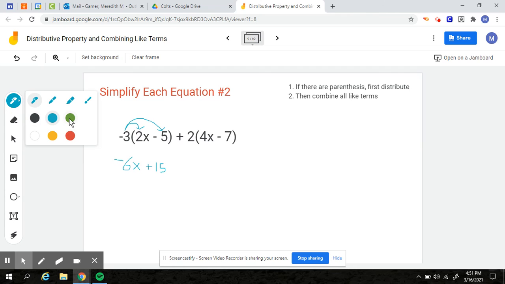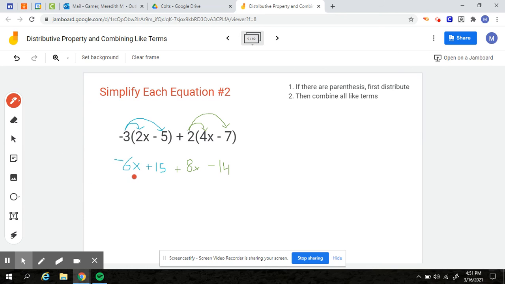The second half of my equation, I'm going to be distributing the positive 2. So 2 times 4x is positive 8x. And then 2 times negative 7 is negative 14. All right, so both of those, the number that's in front is being multiplied by both things within the parentheses.